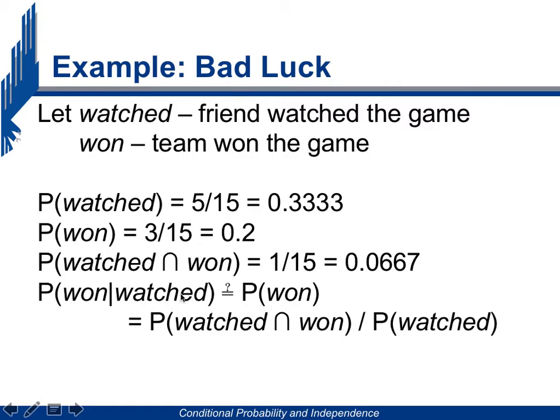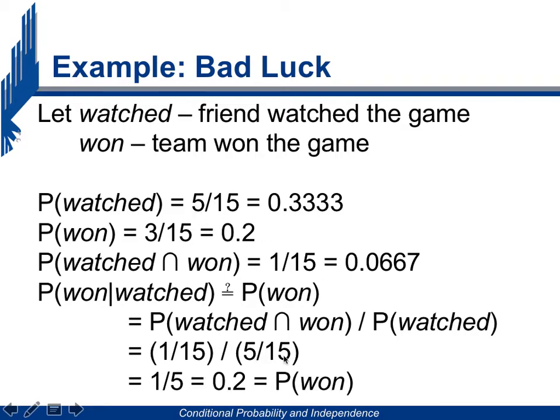That's the one at the right of the line. So these two probabilities are known. That's 1 over 15 over 5 over 15 or 1 over 5 or 0.2, which is again equal to P of W, implying that these two events are independent of each other.